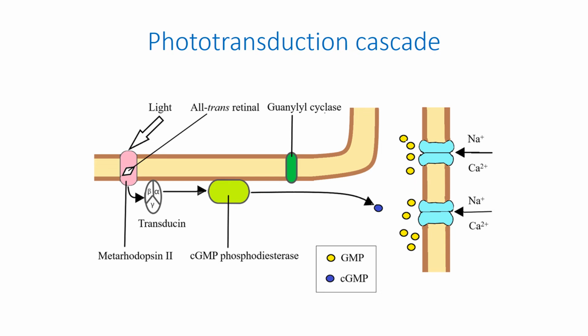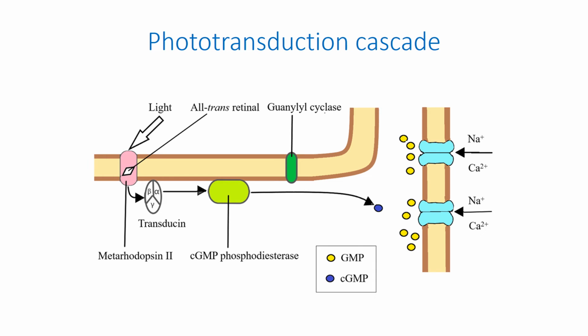It converts cyclic GMP into GMP, thus reducing the number of cyclic GMP molecules that can bind to the cGMP-gated channels, which in turn leads to their closure. The potential across the rod cell membrane becomes more negative, leading to decreased glutamate secretion that is detected by bipolar neurons.